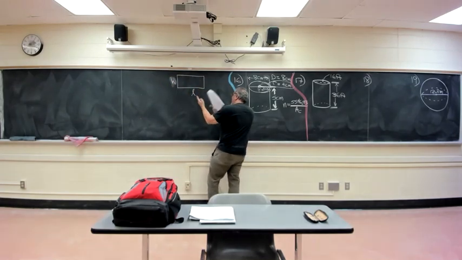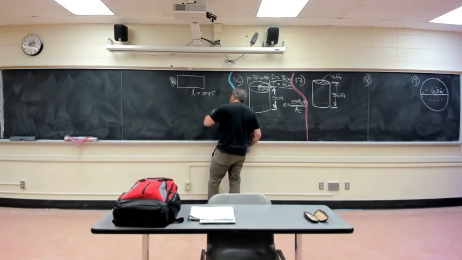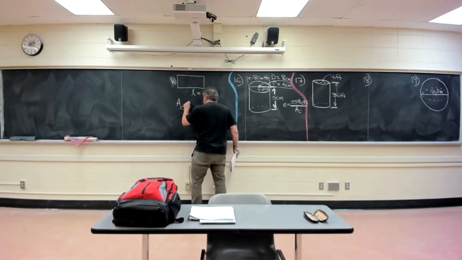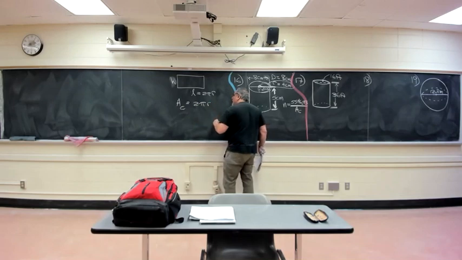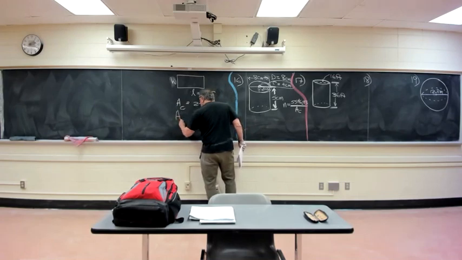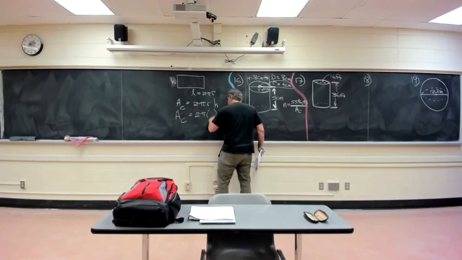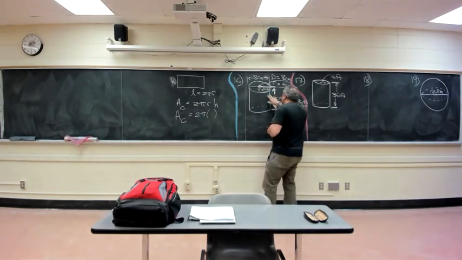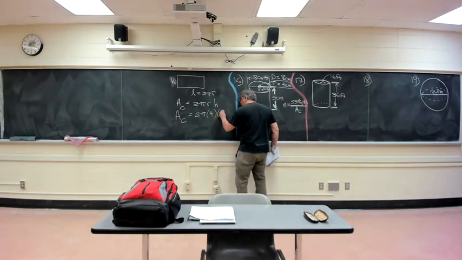Well, if this thing is wrapped around in a circular manner, the length is going to be 2 pi r. And the height is what it is. So the area of the can is 2 pi r times the height. And that's going to be 2 pi, the r is 4, and the height is 5.